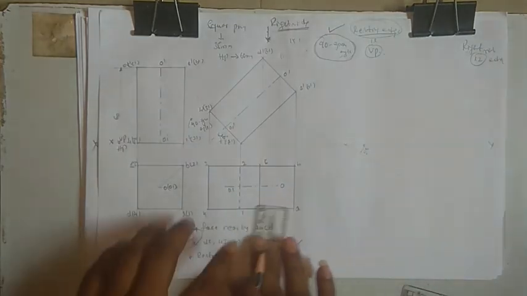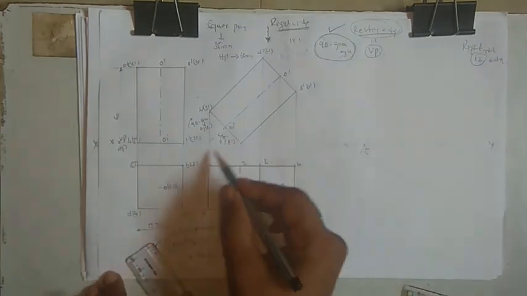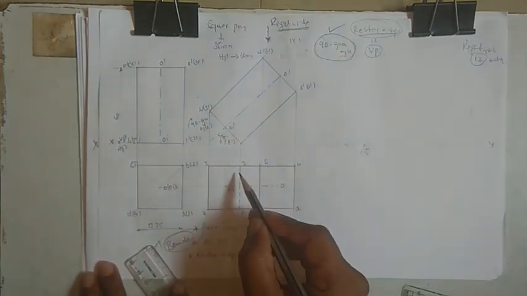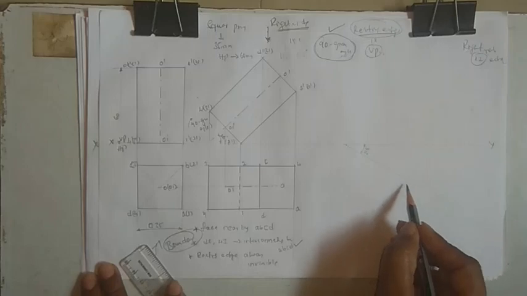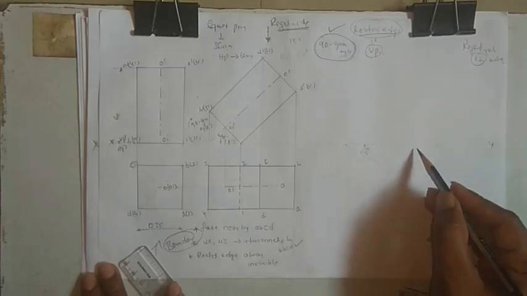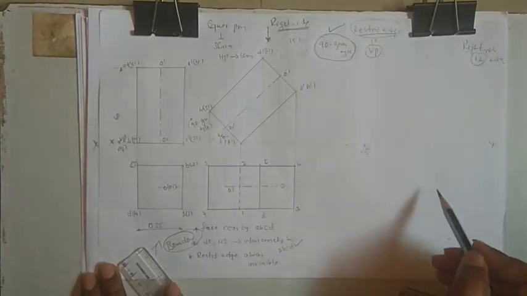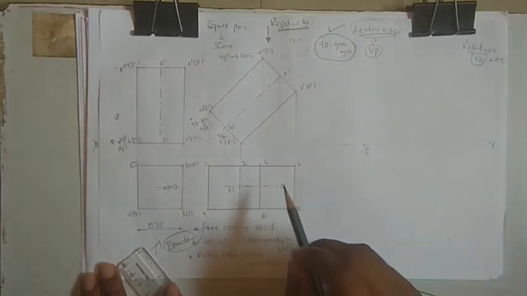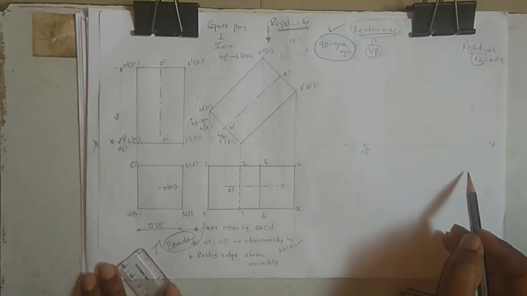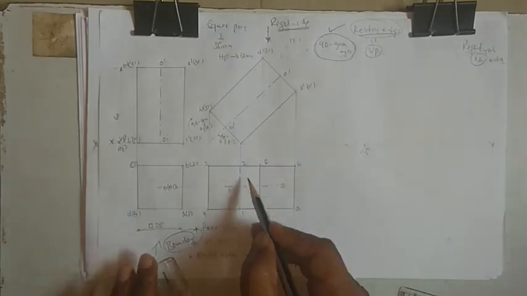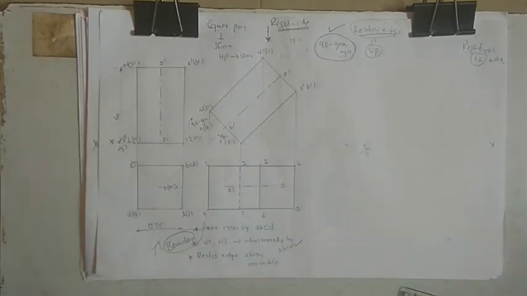Now this square should be placed on this one in such a way that this 1 2 will be on this line. Just see the space here. The square should not touch the xy line, so the space is minimum here. So what we'll do, we'll take this 1 2 3 4 above and ABCD downward. Now 1 2 is 35 mm.